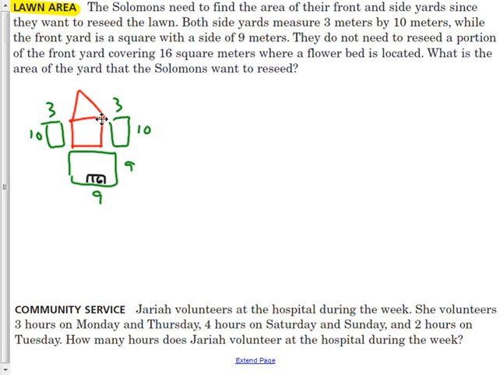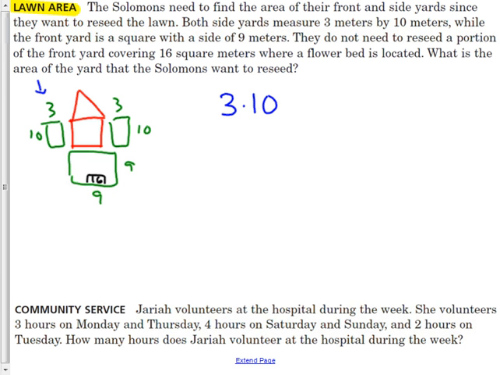Here's an example of where order of operations can help us write one long problem broken into smaller steps. So let's start with the left side. And we know to find the area of the left side, we want to know how much total area we need to seed. The area of the left side is 3 times 10. The length is 10, the width is 3.